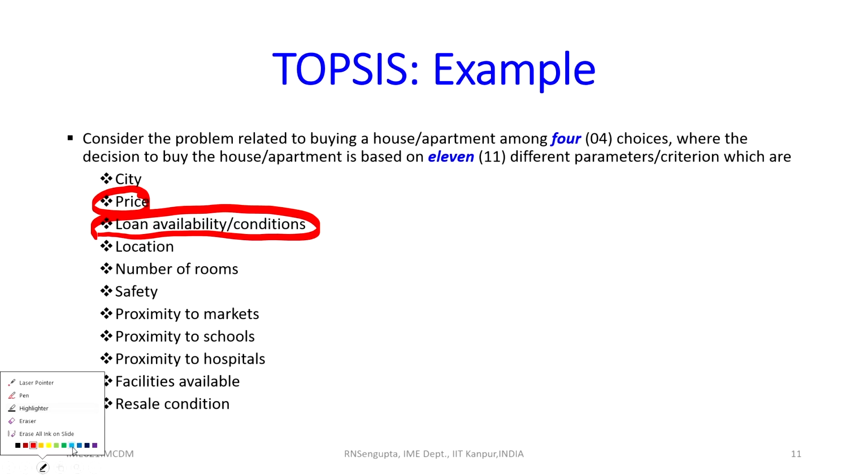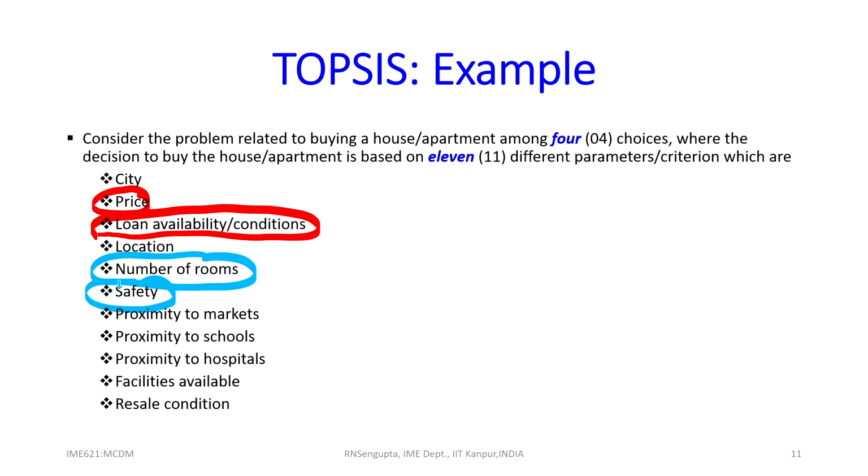Now, if I look at the other side of the picture, consider number of rooms, safety, and facilities available. I will only highlight these 3; it can be done for the others. More number of rooms is better. Safety features being better is good, facilities available being higher is good.